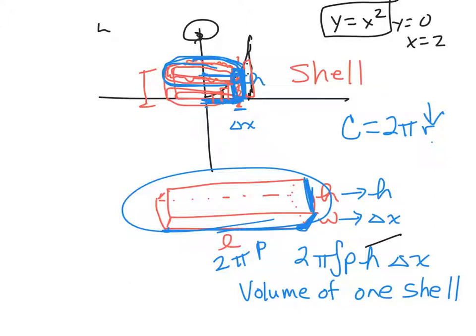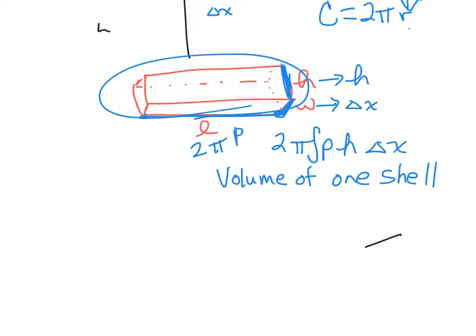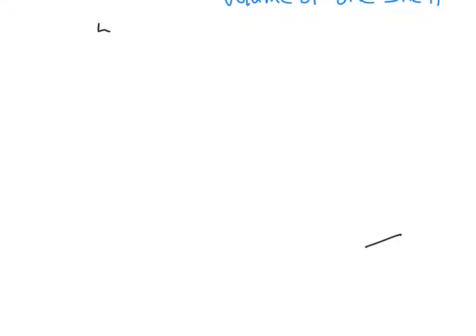And now I've got a way that if I have a vertical axis of symmetry, I can work in terms of x. And conversely, if I have a horizontal axis of revolution, then I can work in terms of y. Okay, so if we formalize this notion, we can write up the shell method as follows.